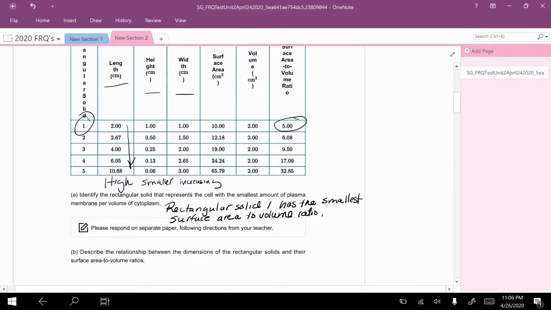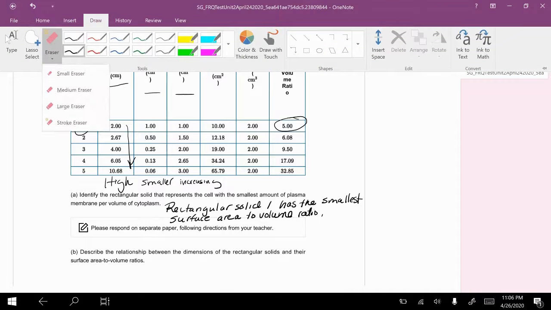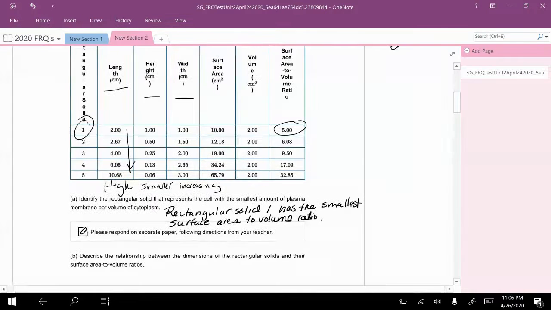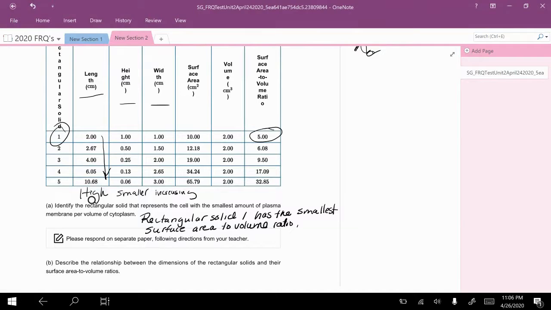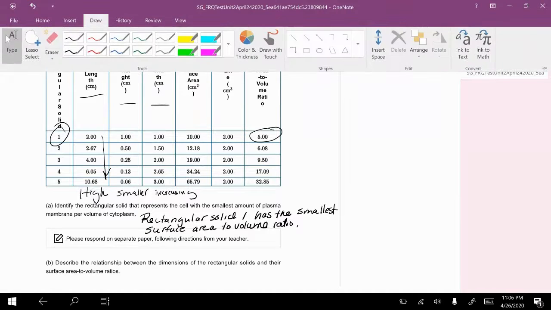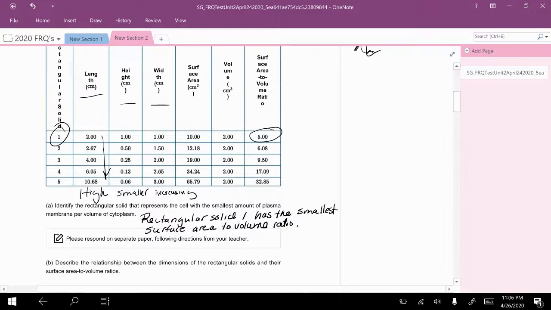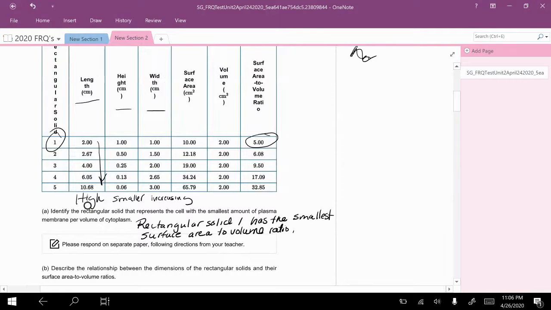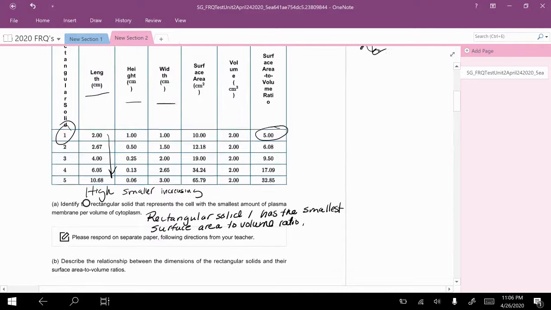So I basically am going to change that for clarity for you guys.